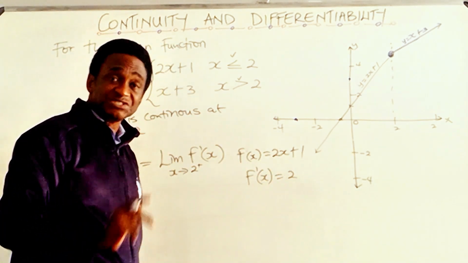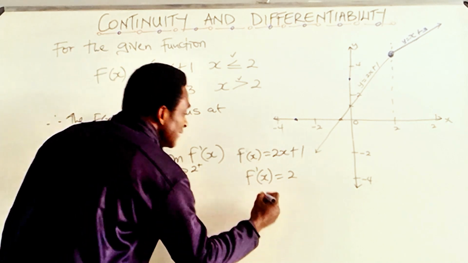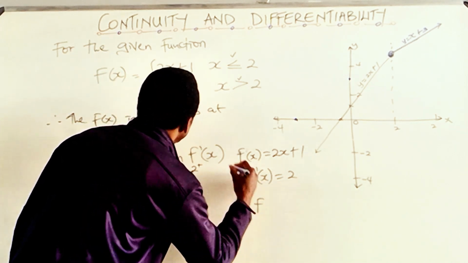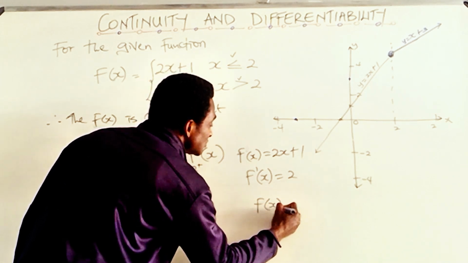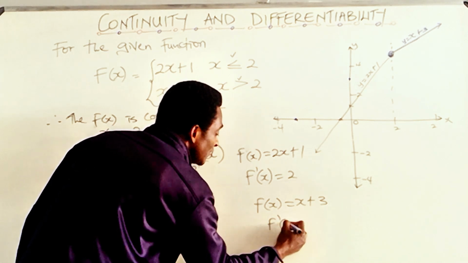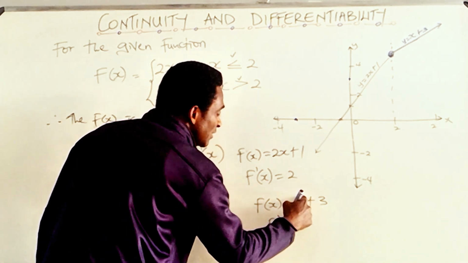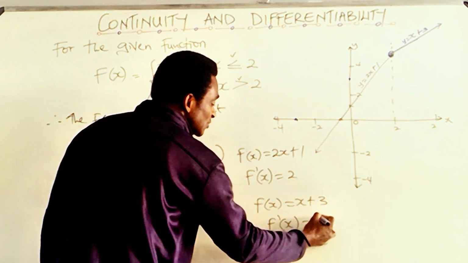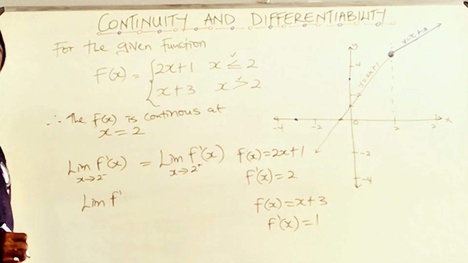The derivative of a constant is 0. Let's go to the second one. The first derivative of the function x plus 3 will be 1 minus 0, 1 times 1, so the first derivative of this function is 1.